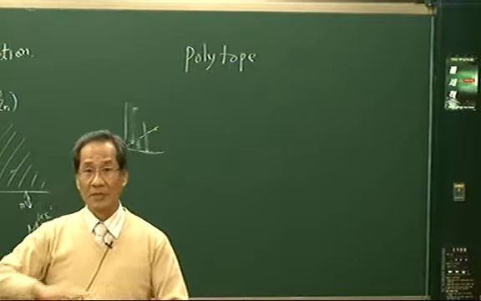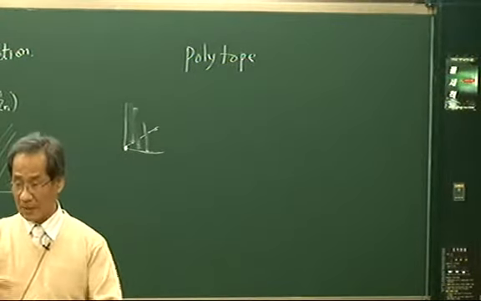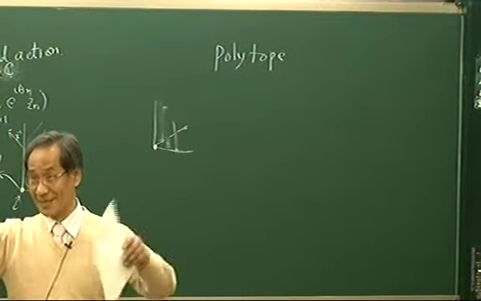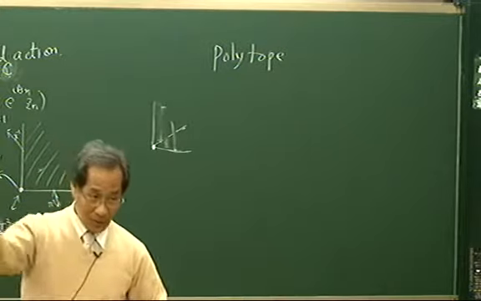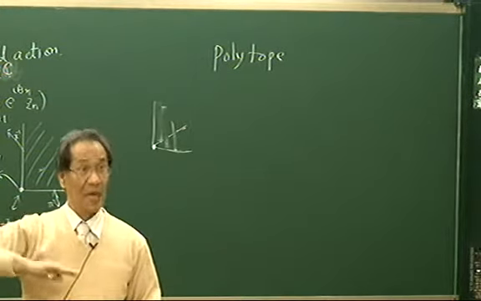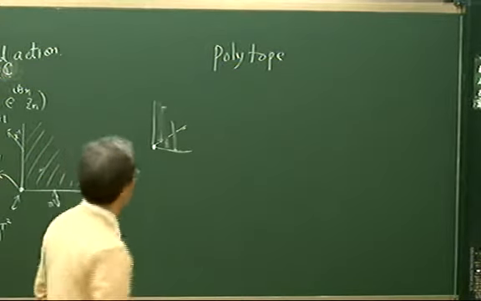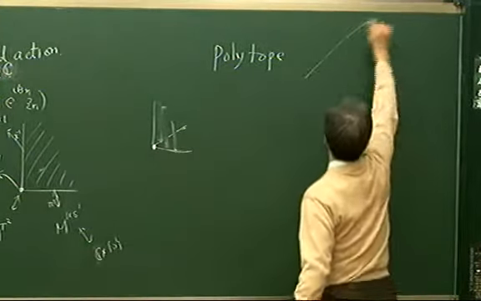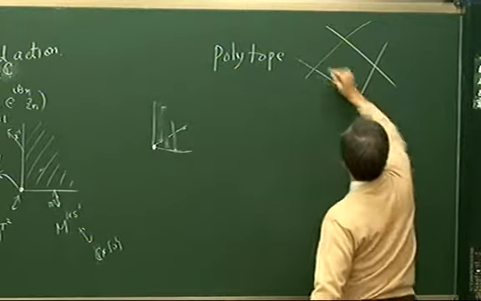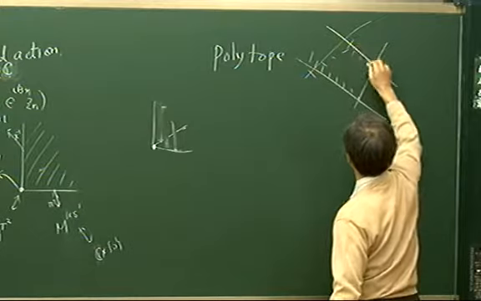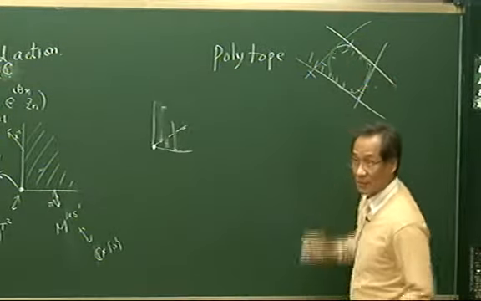But you can also consider a polytope as the intersection of half spaces, where you cut by planes, hyperplanes, and then the interior is the polytope. So a polytope is something like this. So half space, half space, half space, half space, and this part is the polytope.